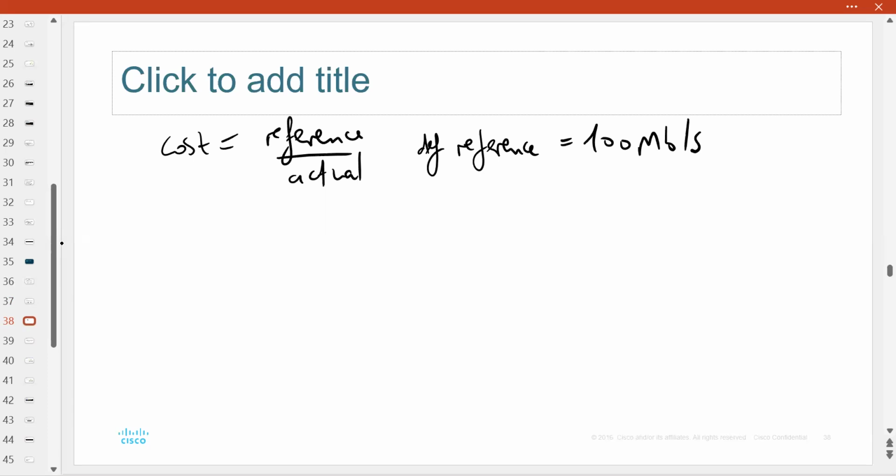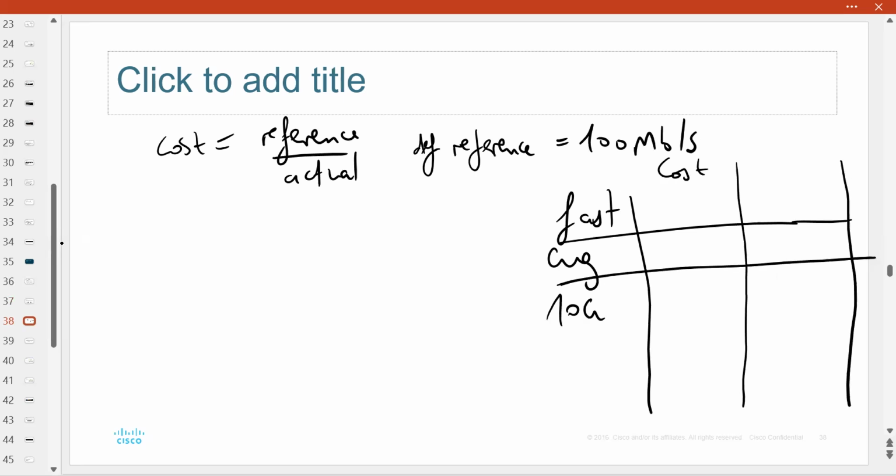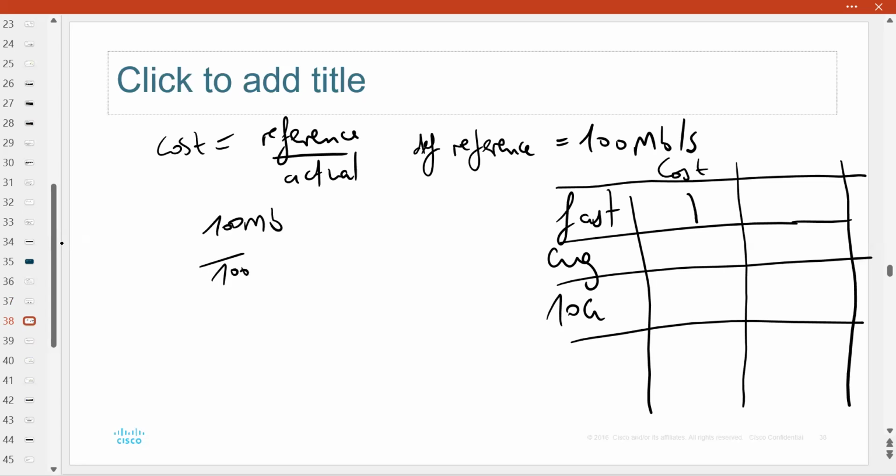From those values, what will it mean? For fast, gig, 10 gig, what will be the values of cost? It will mean cost will be equal to 1 here because we have 100 megabytes, which is the default, over 100 megabytes, which is the actual of fast, which is 1.